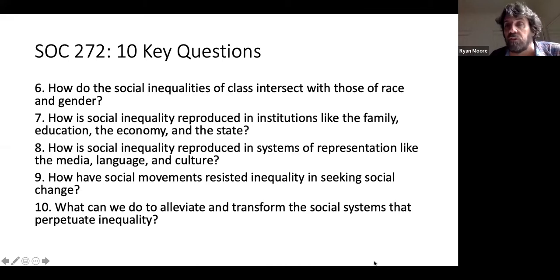The educational system is certainly a very important institution that plays a crucial role in reproducing these inequalities. The economy, the state, public policy, the criminal justice system, all of these factors come into play in explaining how, despite the mythologies of the American dream, this is not the land of equal opportunity.